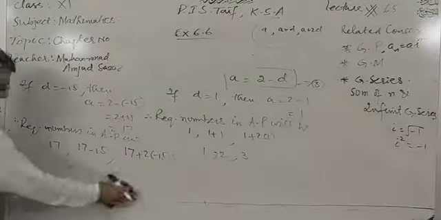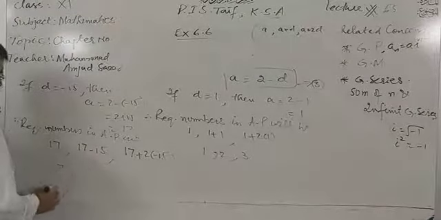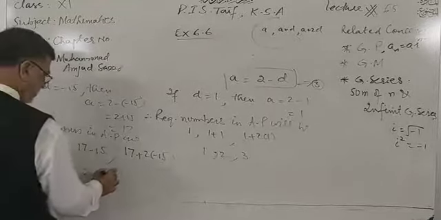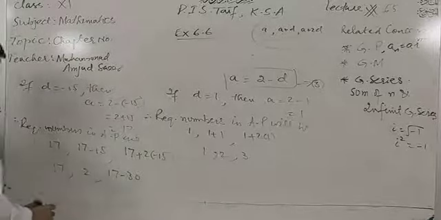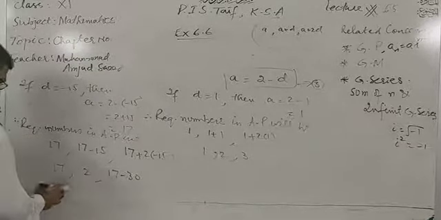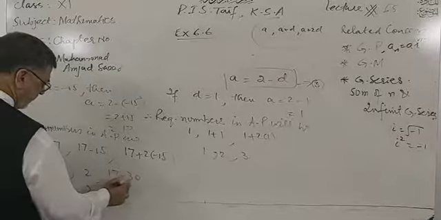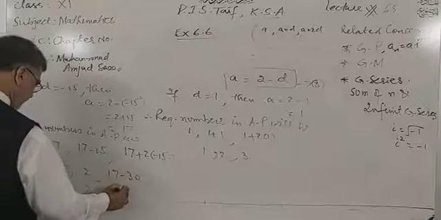Now, dear students, we will have 17, then 2, 17 minus 30. That will be 17, 2, and here is minus 30.